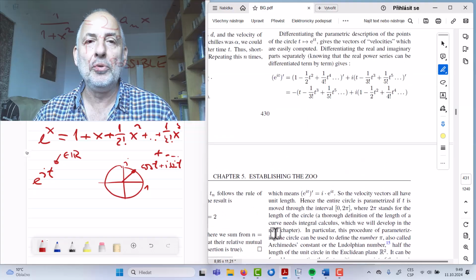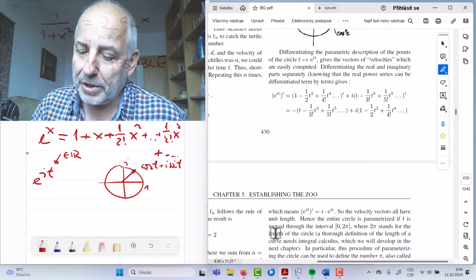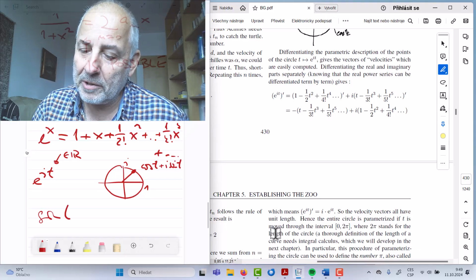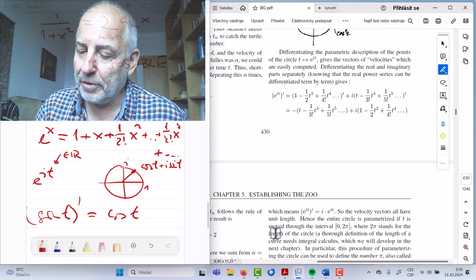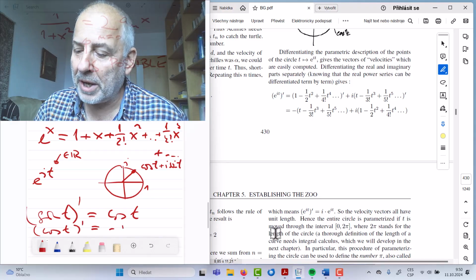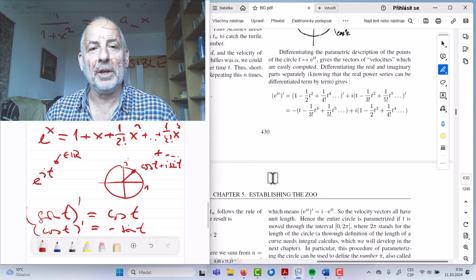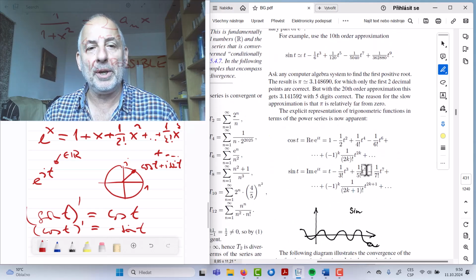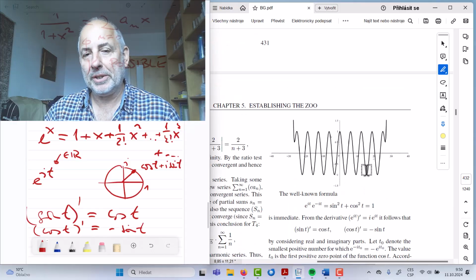We can compute the derivative and we see that the derivative of sine is cosine, and the derivative of cosine is minus sine, etc. We can also compute the trigonometric equations.